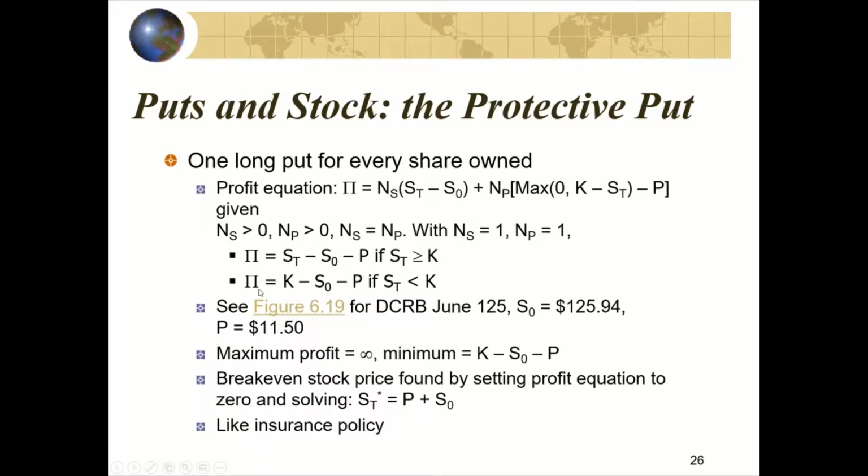If the put option was in the money, which means it makes sense to exercise, my profit equation for the protective put will be the price I'm going to receive when I exercise the put option, minus how much it cost me to buy the stock, minus the premium I paid for the put option.